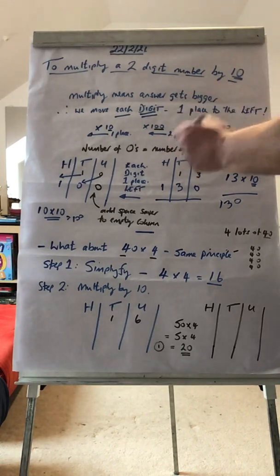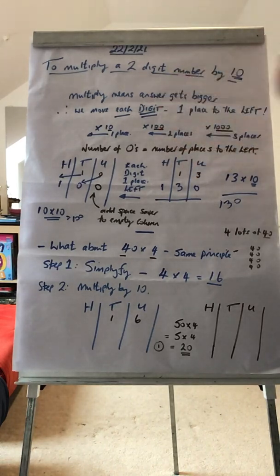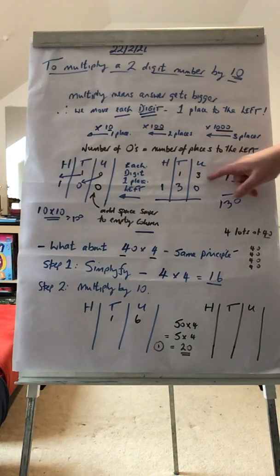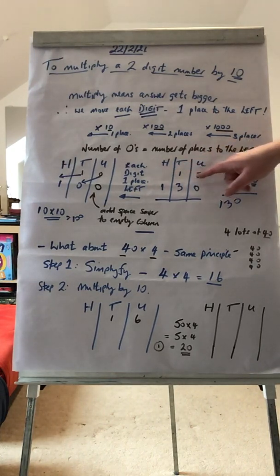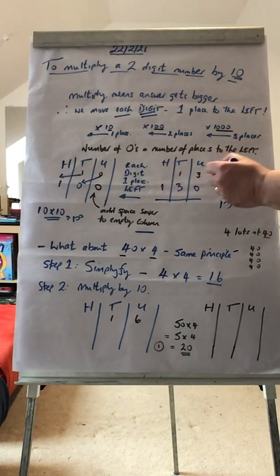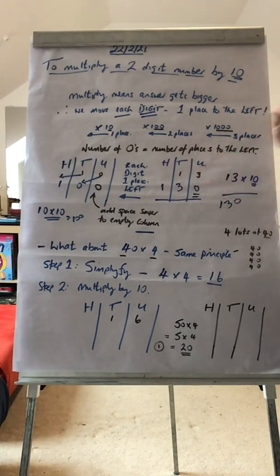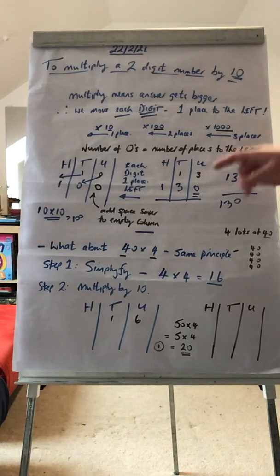Draw it out just like I've done and show me how to move it. That's the best way of representing it. You can clearly see the 1 ten moves to the hundreds, the 3 units move to the tens, and we put our space saver in. That's the most important, just to finish off, to make sure that it represents 0 in the units column. That's what you need to do today if you are in chaffinches.